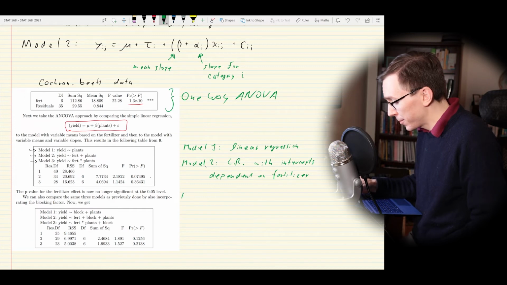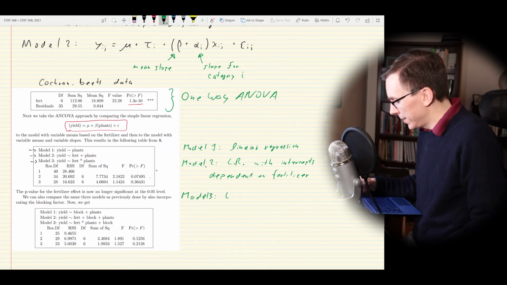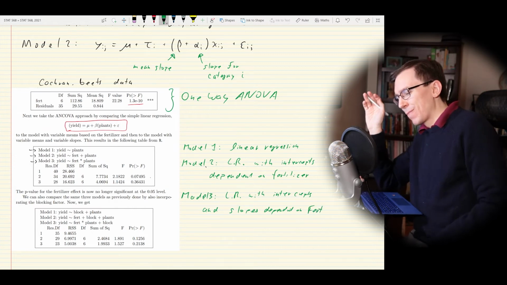And model 3 in this table is going to be linear regression with intercepts and slopes dependent on the fertilizer.